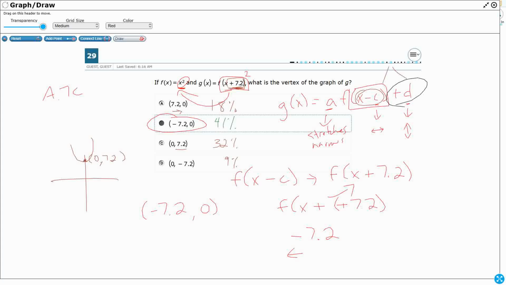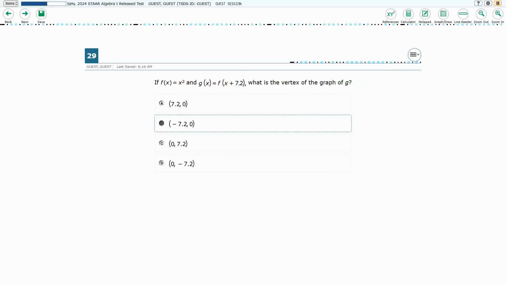The misconception is which one of these moves up and which one of these moves side to side. And so students really need to focus on memorizing this sequence right here and knowing the difference between an A, a C, and a D, because if they know that, then this x plus 7.2, f of x plus 7.2 within the parentheses becomes fairly easy, but they have to memorize that form with all of the terms.